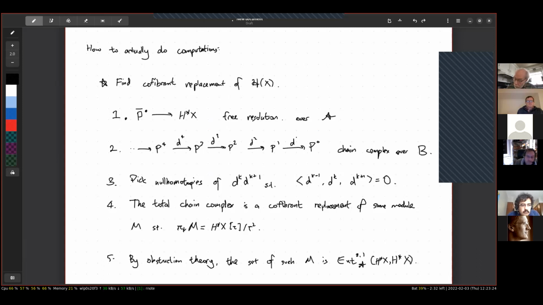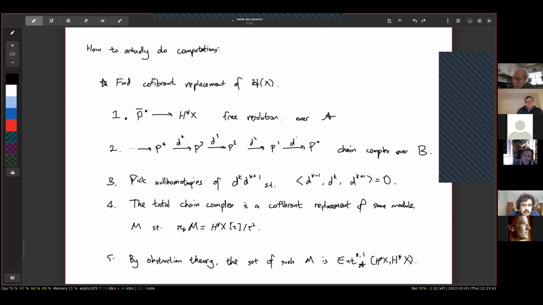If this group is trivial, which is the case for the sphere or sphere mod 2 or TMF, KO and stuff like that, then this thing must be a replacement of the correct secondary cohomology group. If not, then we have to be careful.